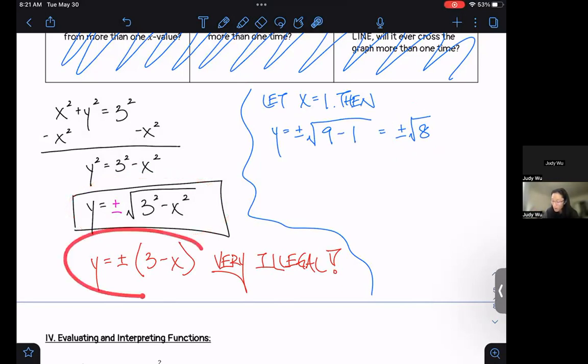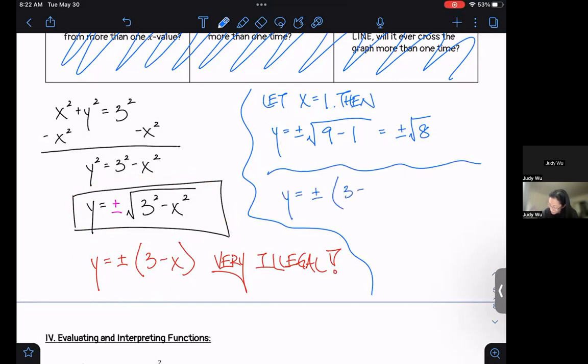But let's talk about why we can't just take the square root here. Well, if I say y equals plus or minus 3 minus 1, I just get plus or minus 2. And the square root of 8 is not 2.